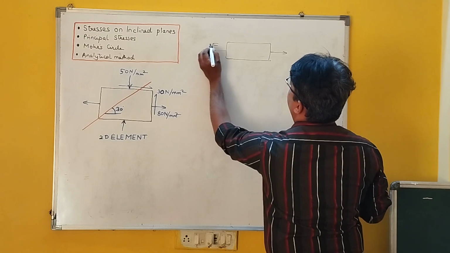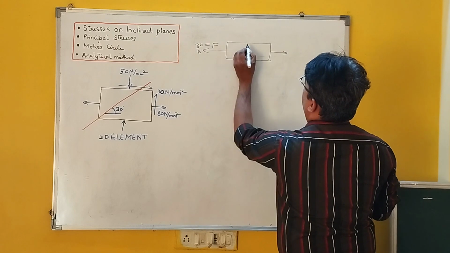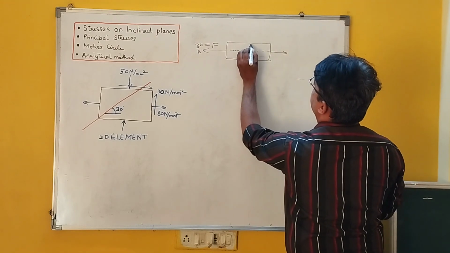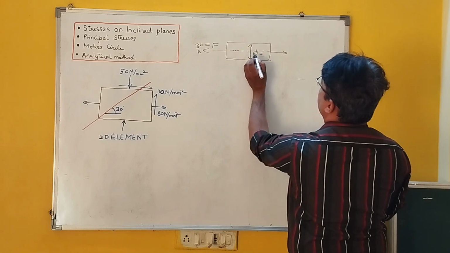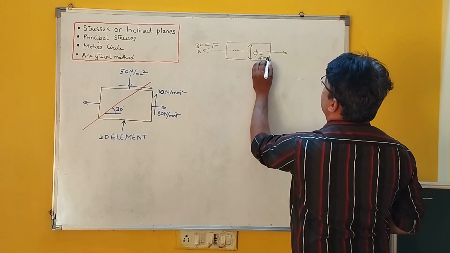I am having forces F. Let us say F is equal to 30 Newton and this is the longitudinal axis, and here I have the diameter. So phi is the diameter over here. Let us say phi is equal to 40 mm.